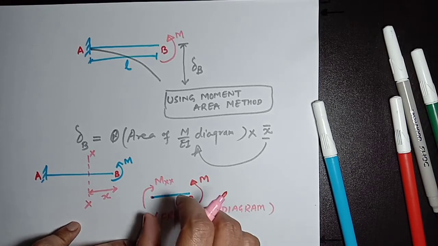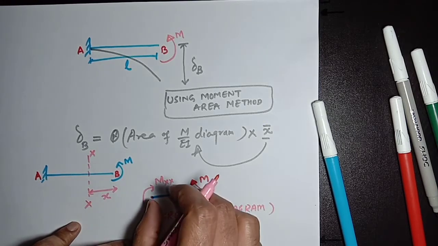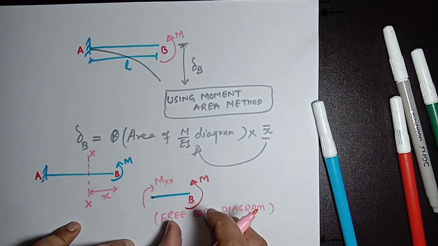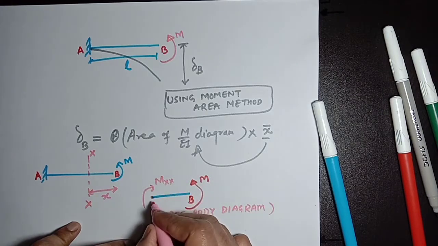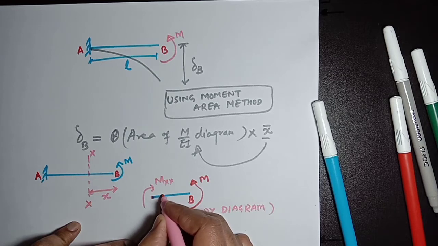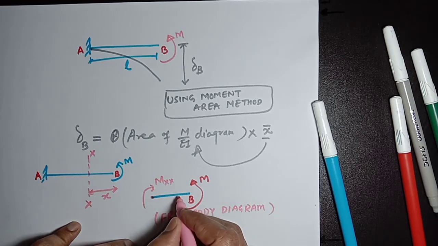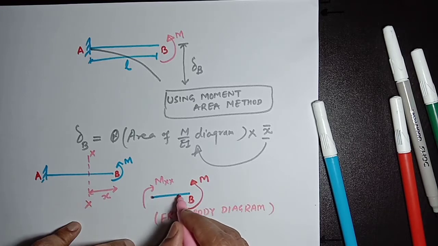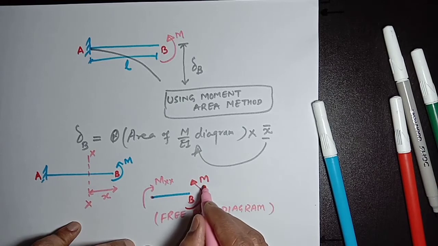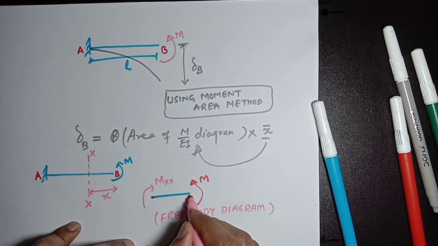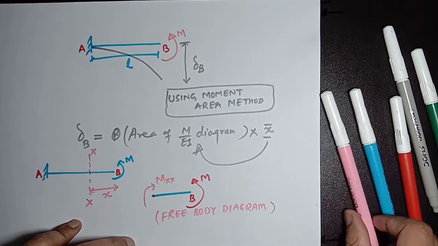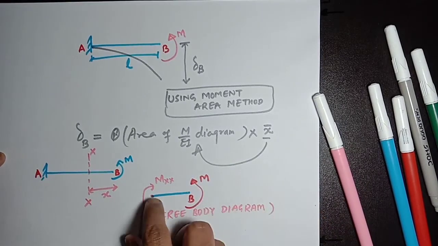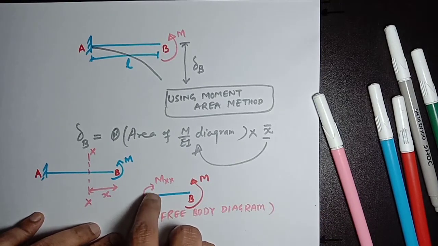As you can see, in this beam that we have taken as a free body diagram, there is no external load acting over this beam, neither a concentrated point load, nor UDL, nor triangular or trapezoidal load. Not any kind of load is acting on this beam, but only a concentrated external moment is acting here at point B.